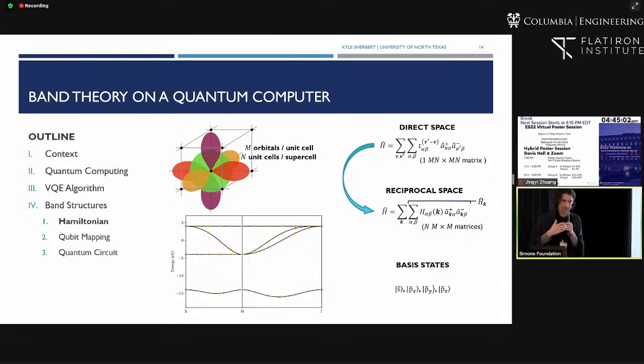Okay, and so this sum in the direct space, we're summing over all the hopping parameters for every pair of orbitals in an ostensibly infinite crystal. So that's obviously not very easy to work with. So we will do a Fourier transformation into reciprocal space.